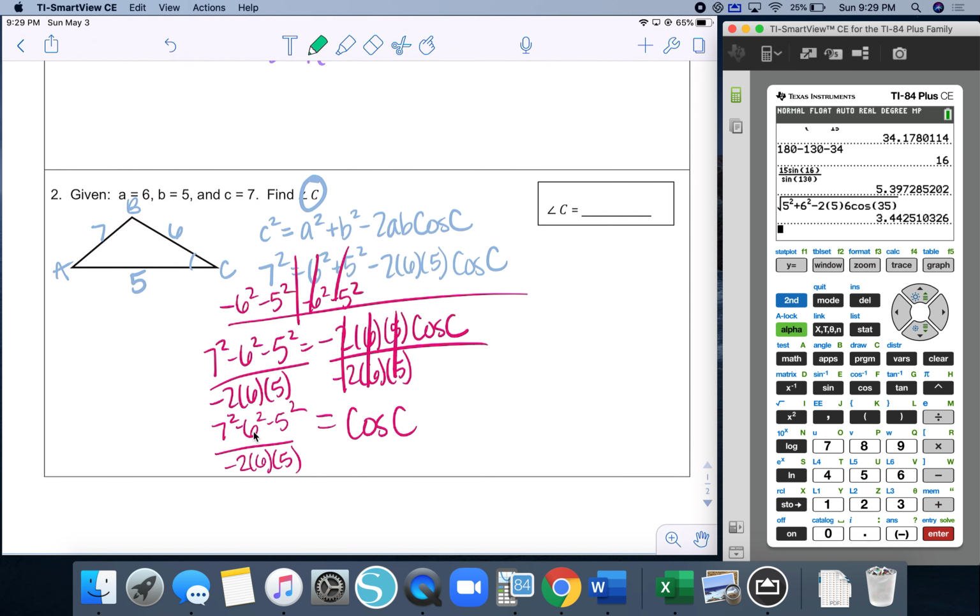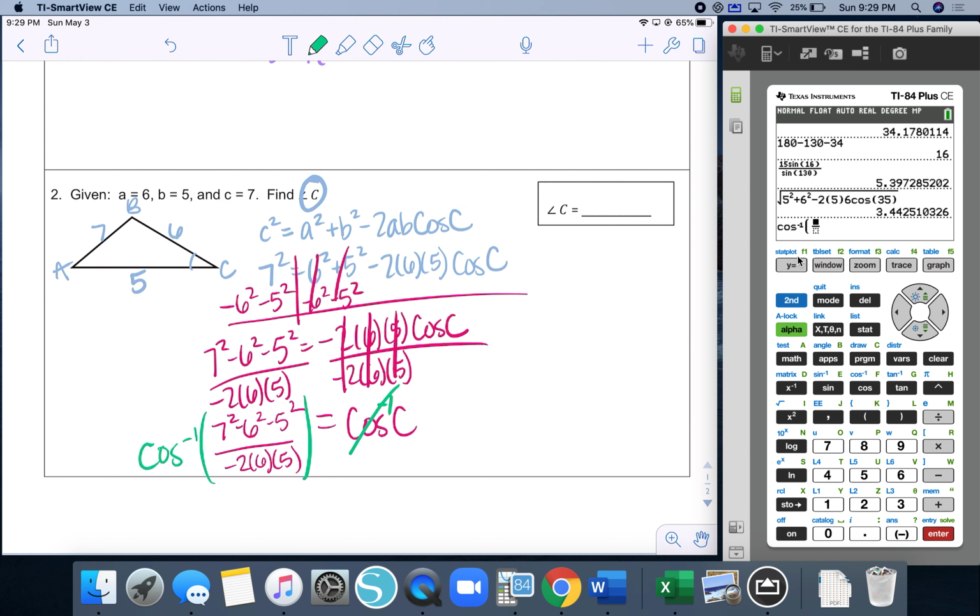Last step, because I need to find angle C, I'm going to have to take the inverse of cosine to find the angle. Remember, anytime we are looking for an angle, you have to do the inverse. So second cosine, and then I'm going to do my alpha y equals. I have a lot to type. You might have simplified this, and that is okay. Then negative 2, 6, 5.